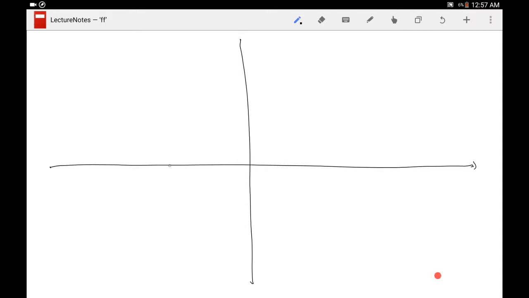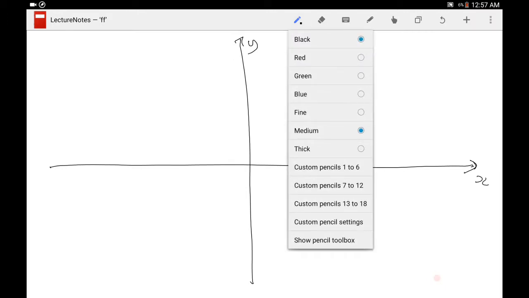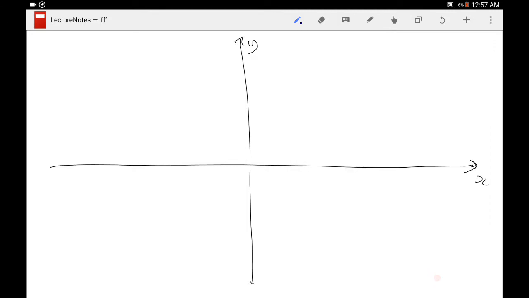So this is x and y. For the x-intercept I have -3, I will mark it here, and then for y I have 6. So the x-intercept is here and the y-intercept is here, 0, 6 and 0, 3.